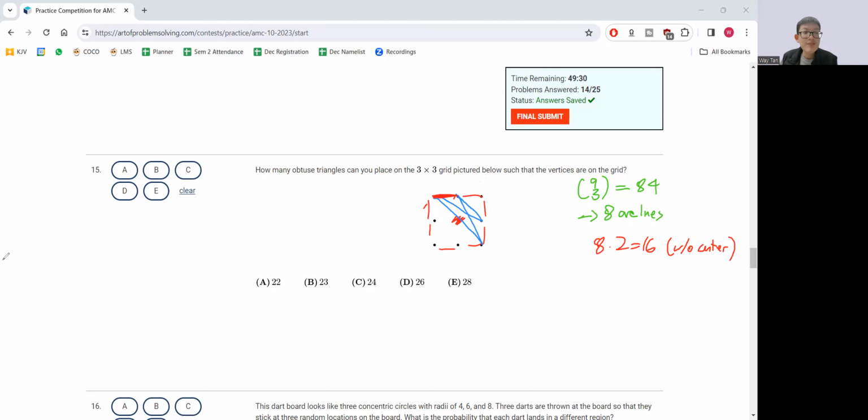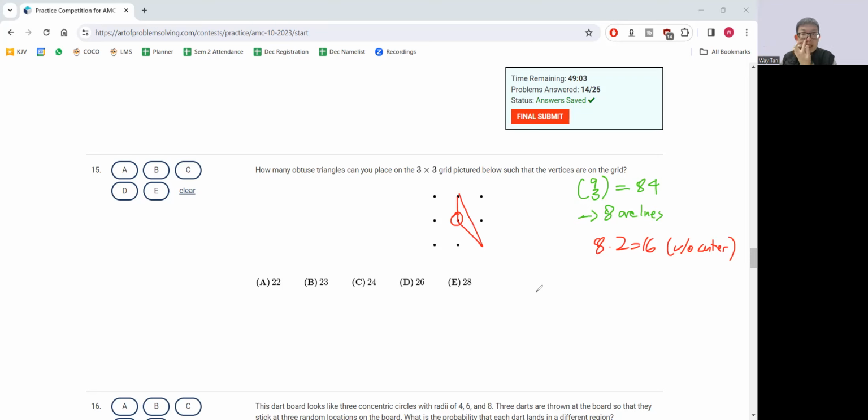I'm using the American spelling of center since this is an AMC. Now, the other side of it is if I do use the center, how do I get obtuse triangles? I feel like the way to get obtuse triangles is only like this.